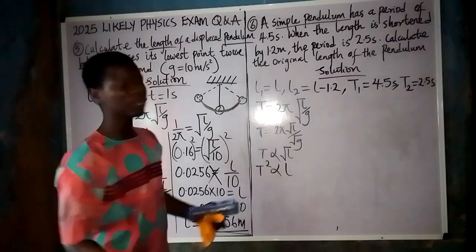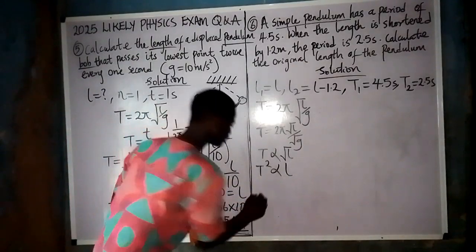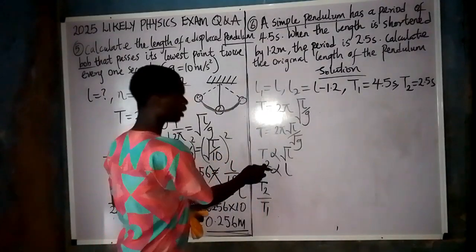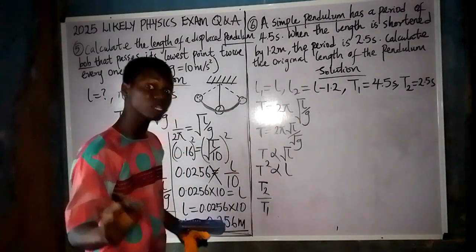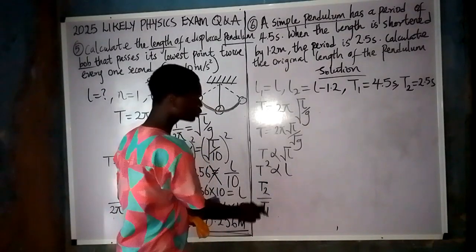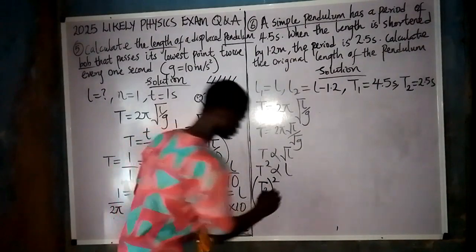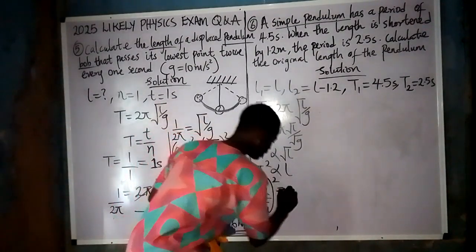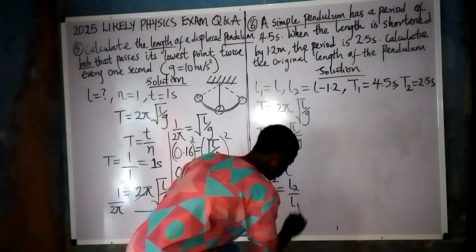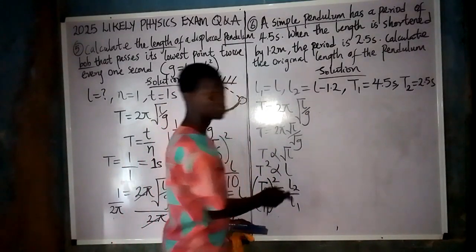Now, because we are comparing two scenarios, in another form, we can say T2 over T1, based on the relationship, it should carry a square. So T2 over T1 should be raised to power 2, will now be equal to L2 over L1. Now, mind you, T2 is the numerator here, L2 is the numerator here.